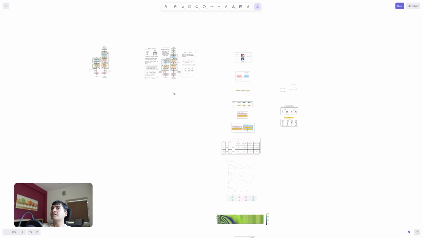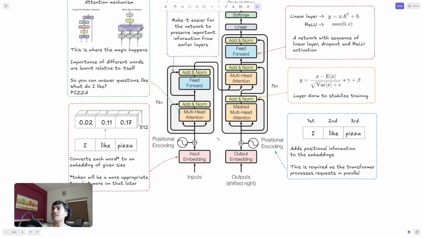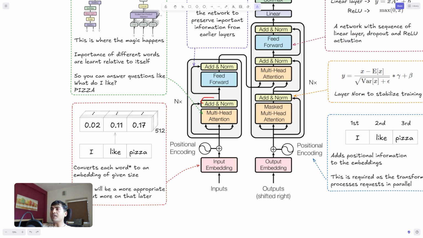Now if we go back to where we started, you see over here the way this arrow is connected. This is called a residual connection, and what that does is it puts the original information back into the model along with the calculated information.